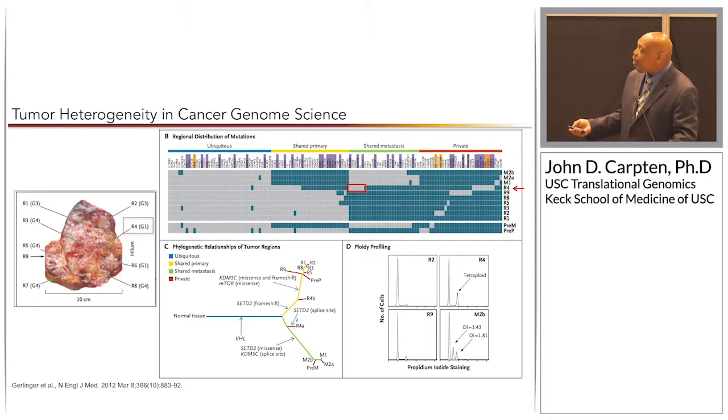This particular region, R4, contained mutations in common with the metastatic lesions, but none of the other primary regions did. And they were able to use that information to develop phylogenetic trees on the likely pathogenesis of this tumor through its course and progression.